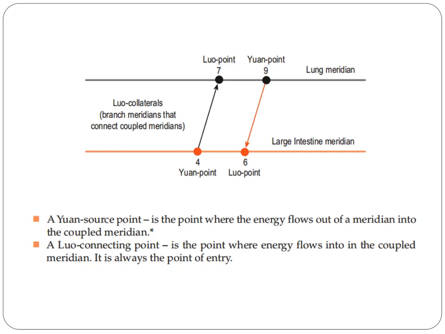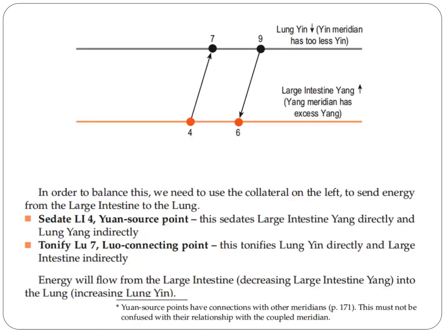Now, the yuan source point of the lung meridian, which is lung 9, will flow out into its coupled channel or meridian, which is called the large intestine, via the luo connecting point, large intestine 6.